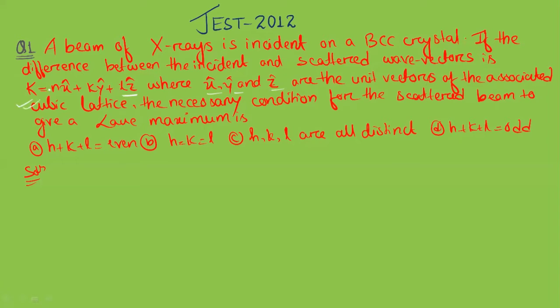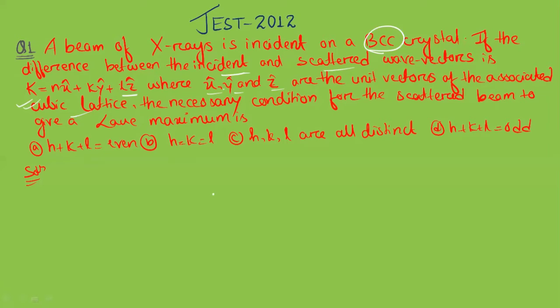Here the wave vector is given to you. You're having an X-ray which is incident on a BCC crystal, and the difference between the incident and scattered wave vector is given to you. Here x, y, and z are unit vectors associated with the lattice. So you just need the necessary condition for the scattered beam to give a Laue maximum.